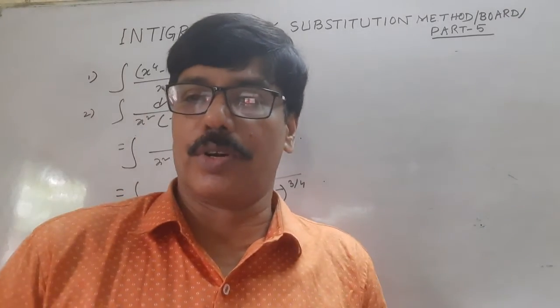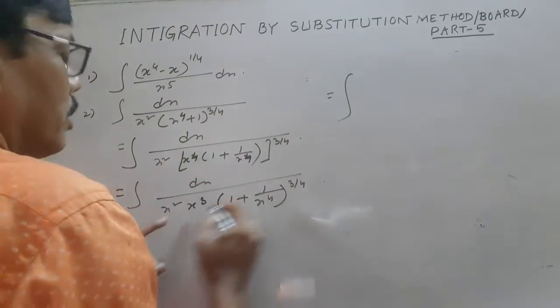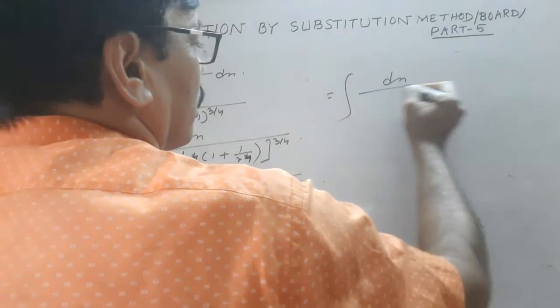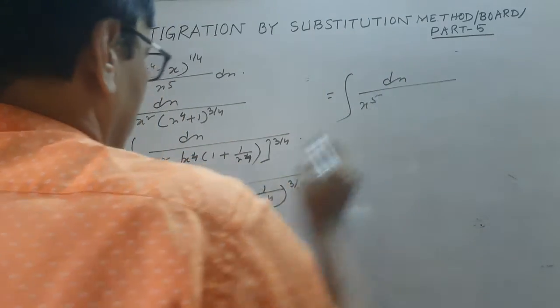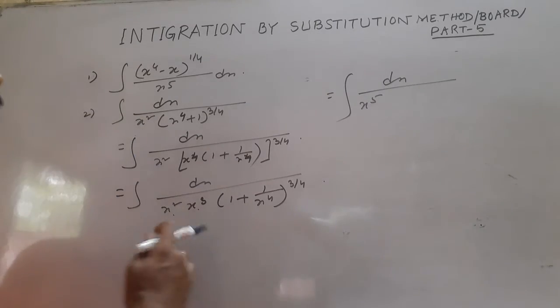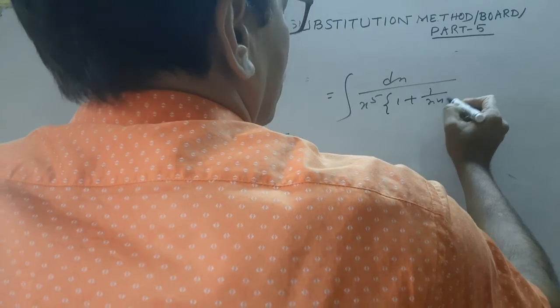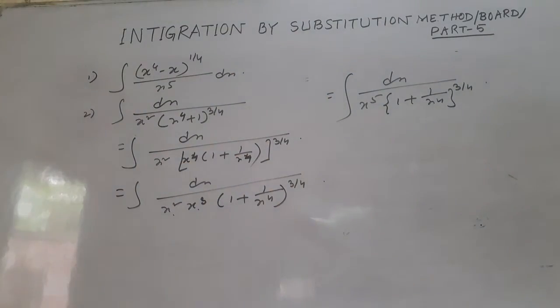Otherwise it will not be in standard form. So this is dx by x to the power 5, 1 plus 1 by x to the power 4, power is 3 by 4.